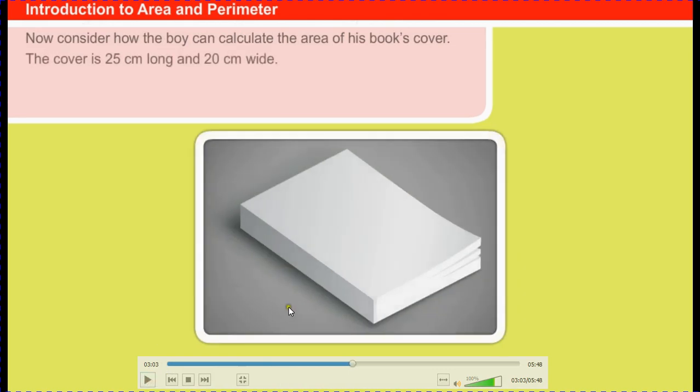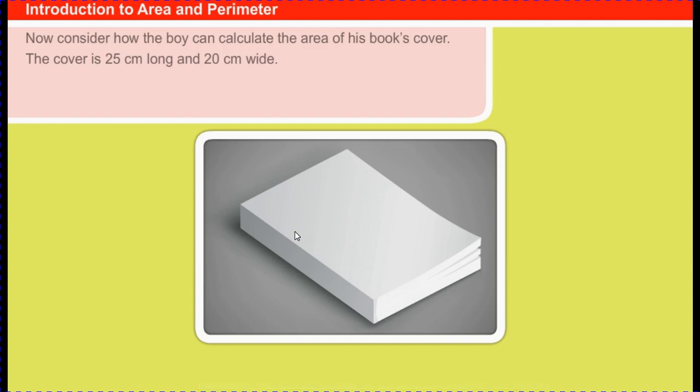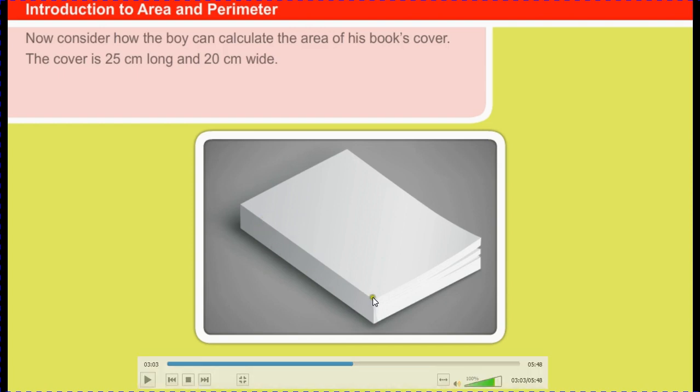Then let's return again to our book. If the dimensions of your book are like 25 centimeters by 20 centimeters, here is the length 25, and here is the width, 20 centimeters. Then how do you get your area?